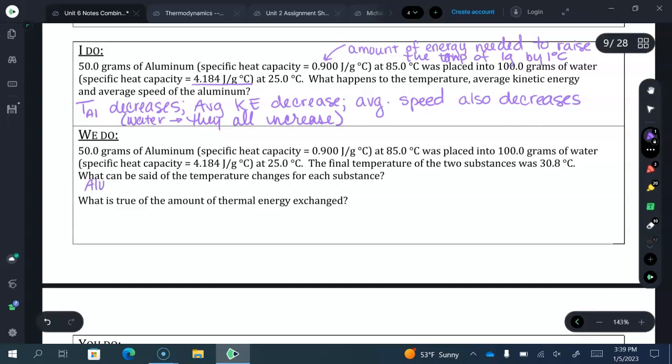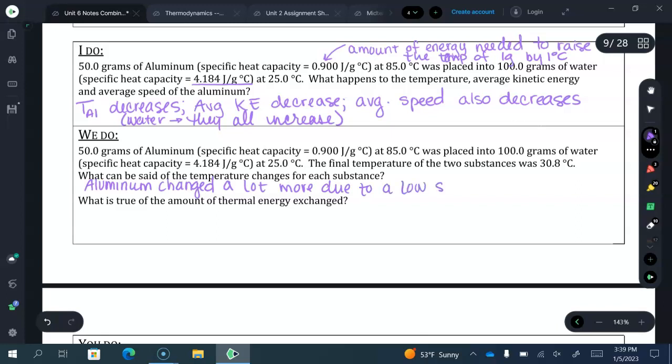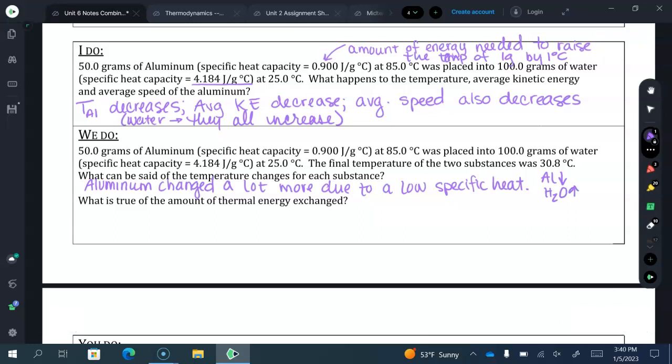We would say that aluminum changed a lot more, and we could justify it as being due to a low specific heat capacity. And that water, if you wanted to go the opposite direction, increased much more. Or that the aluminum decreased and water increased in energy.